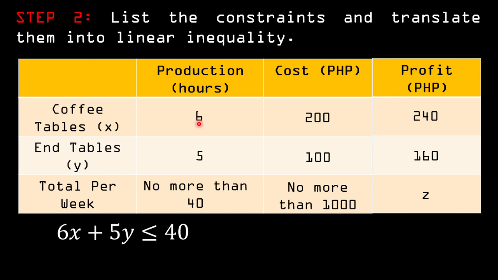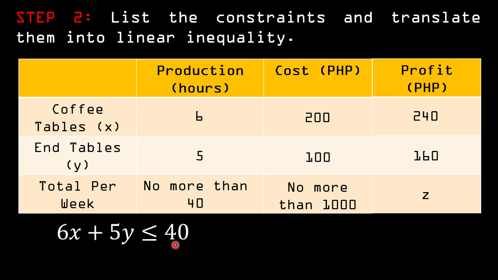So we have here again 6x to represent the production hours for the coffee tables, and for the end tables, we have 5y. The total per week here is no more than 40, which is less than or equal to 40. So 6x plus 5y is less than or equal to 40.